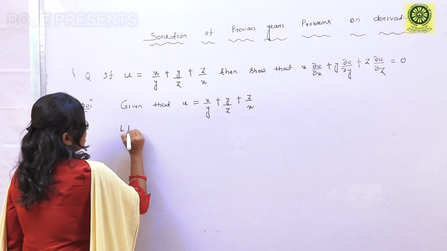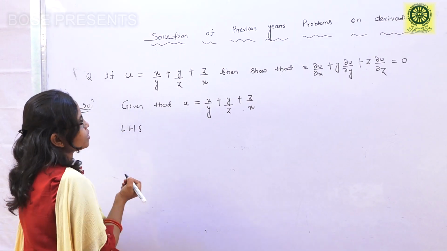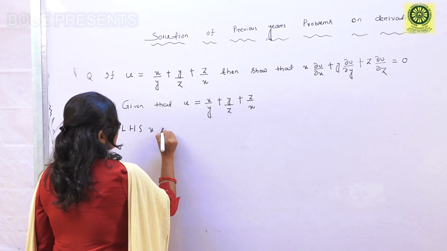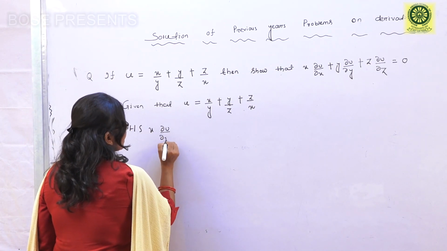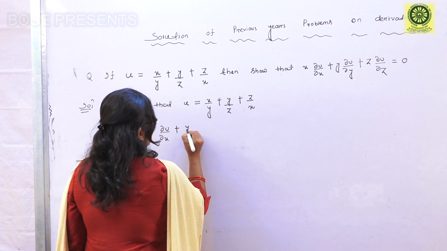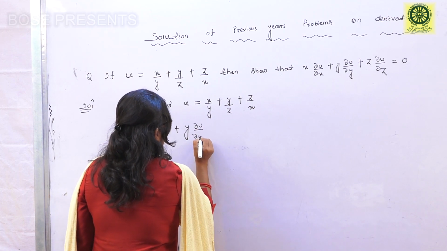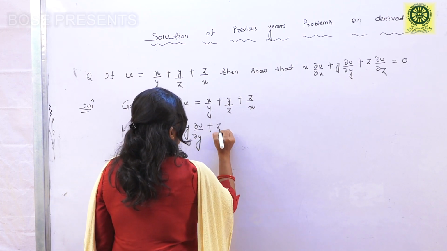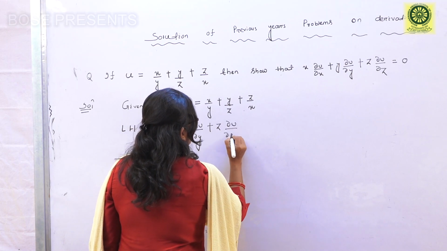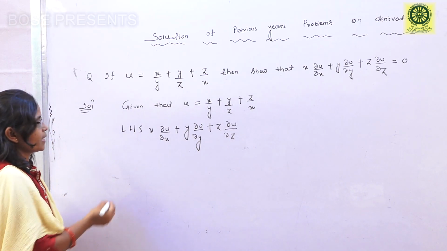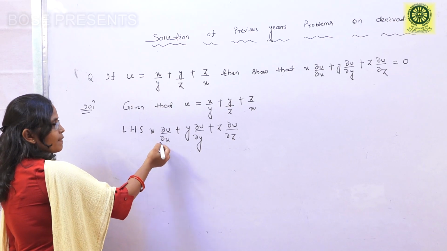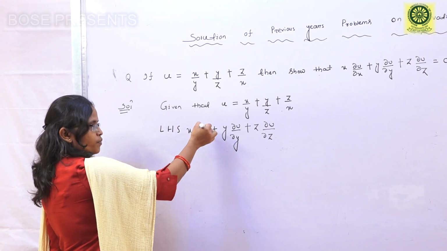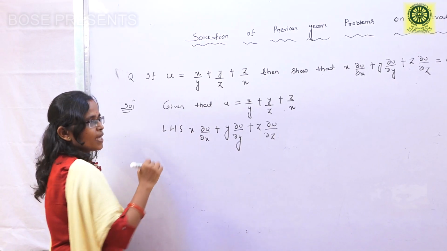Then the left hand side equals x del u by del x plus y del u by del y plus z del u by del z. Here del u by del x means the partial derivative of u with respect to x.